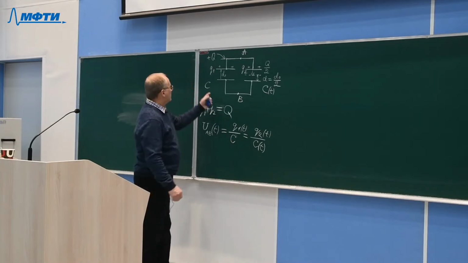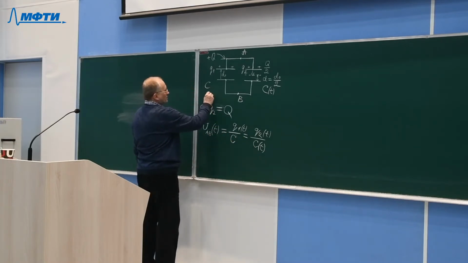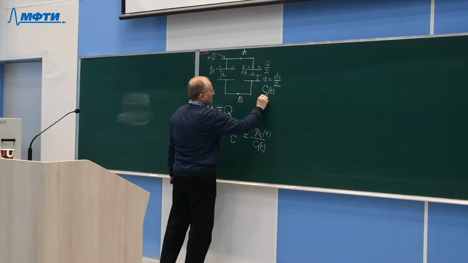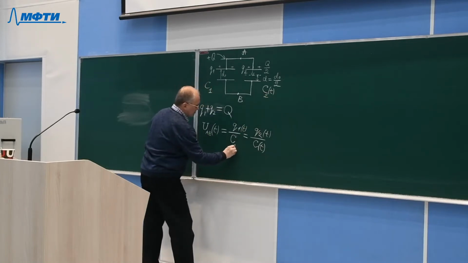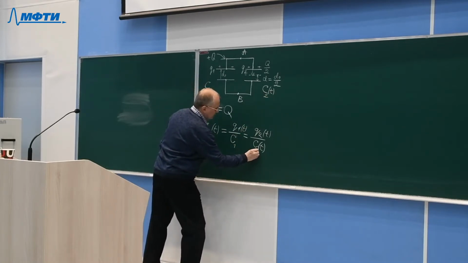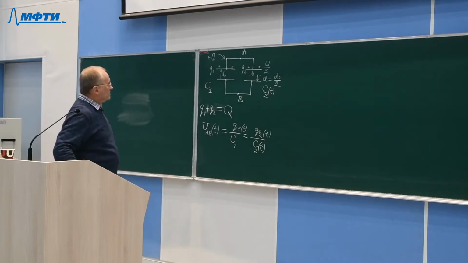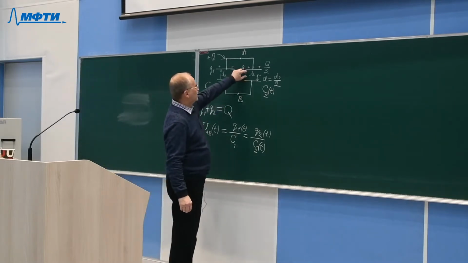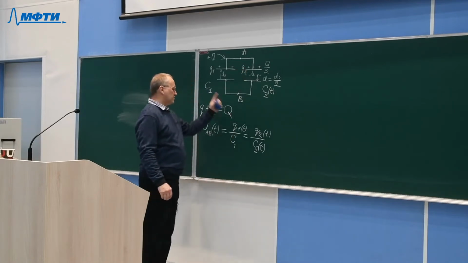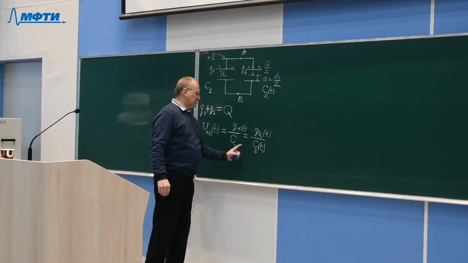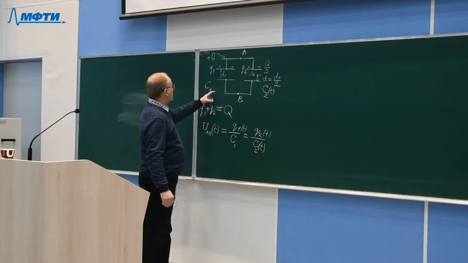So the first capacitance should better be denoted as C1 and the second C2, because they are different. Initially they were the same. Initially they were equal. But in the process of changing the distance between the plates of the second capacitor, this will become different capacitance.